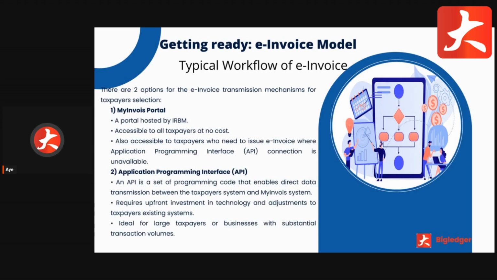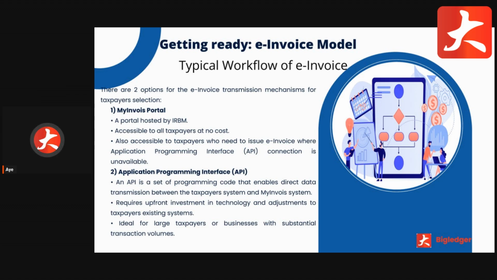And the next part is the submission of e-invoice. For the submission, you have two options. One is using the Myinvois Portal, which is a portal hosted by IRBM itself. It is accessible to all taxpayers, and you don't need to pay any fee.